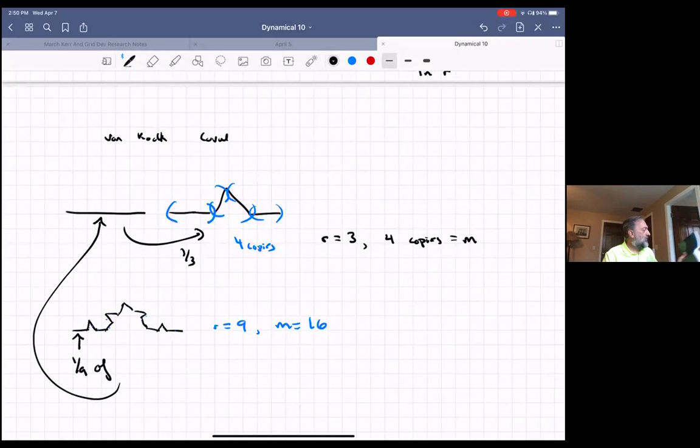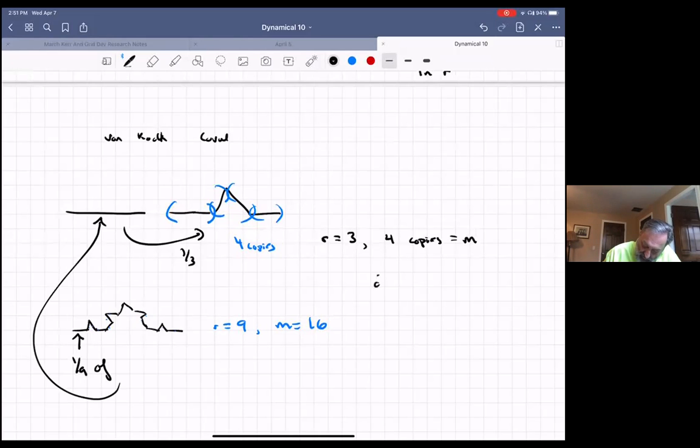Right? So if you start with just the whole line and you make it 1/9 as long, and you count up how many line segments you have, 16 of them.